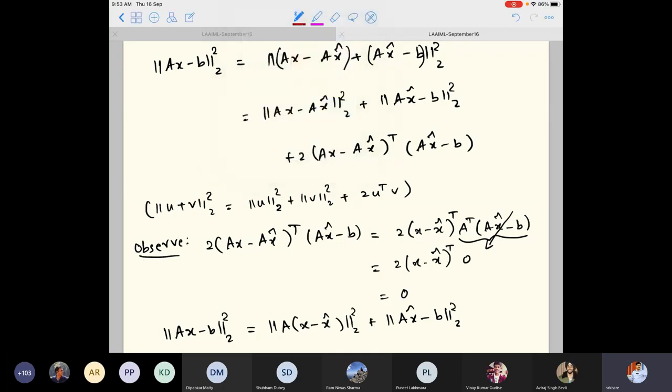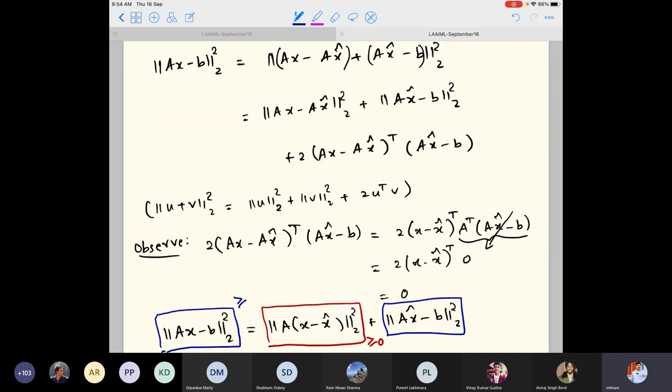You observe that this particular entity, being a norm square, is always greater than or equal to 0. So what does that mean? That means that Ax minus b whole square, this left hand side, is always greater than or equal to this number.